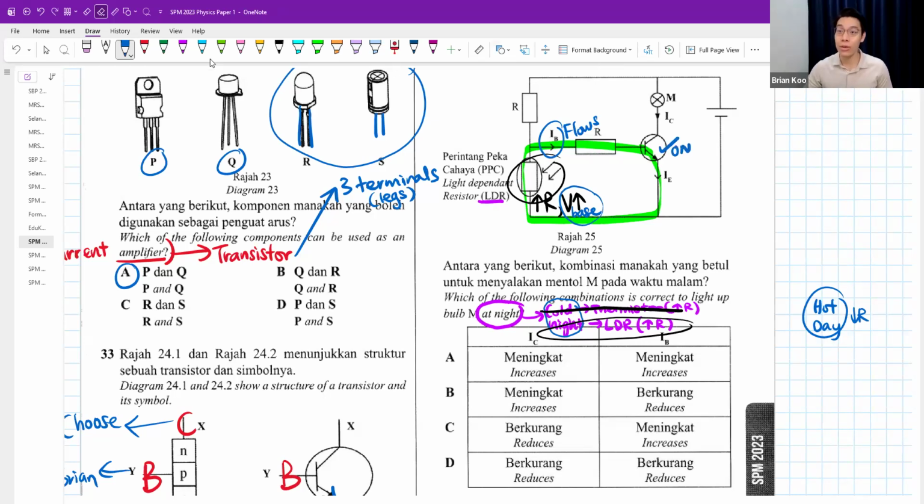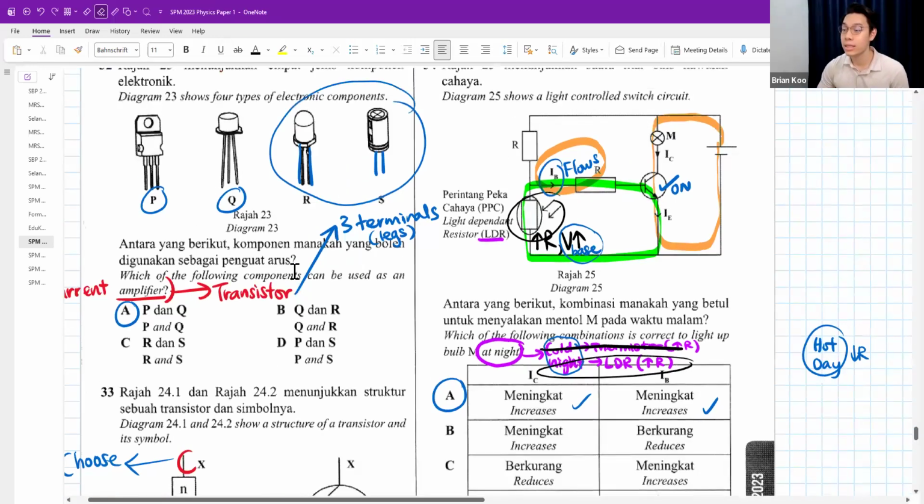When it turns on, then only the collector current will start to flow. If it doesn't turn on, that means if there is no base current, then there is no collector current. Okay, so the answer is that both will increase. IC, IB both increase. Collector current, base current both will increase, then it will light up everything. Answer is A.